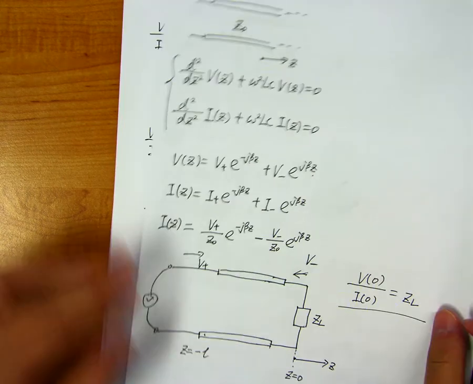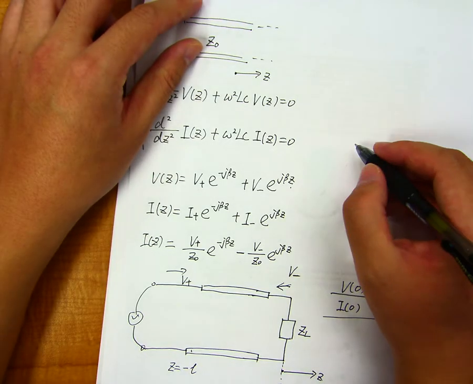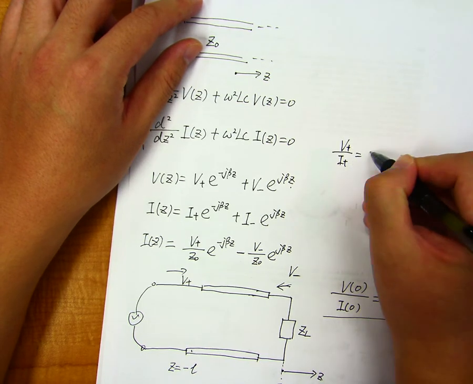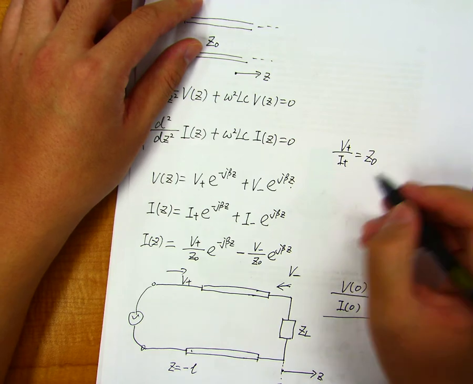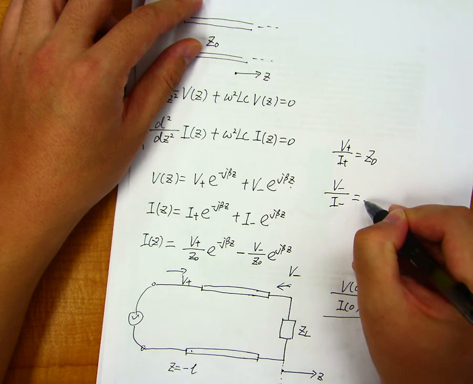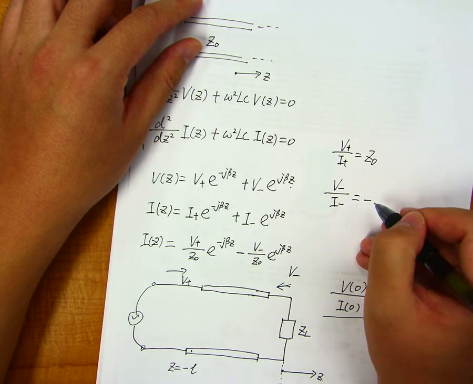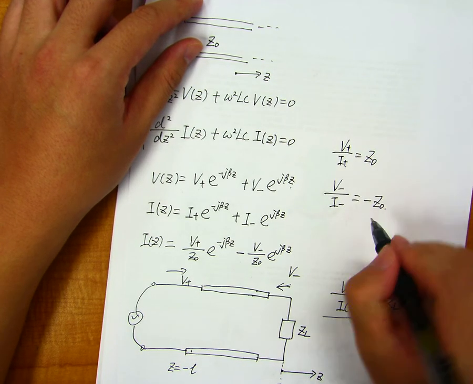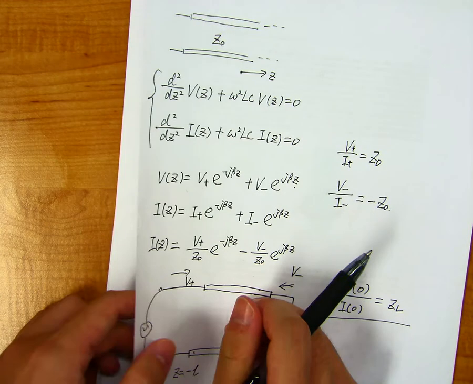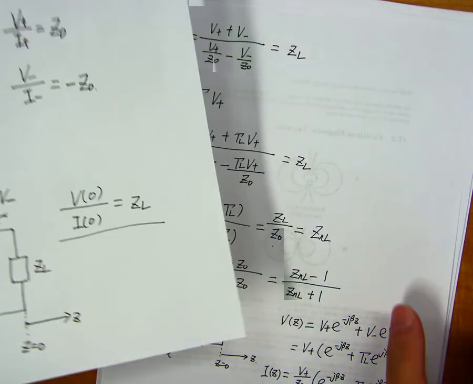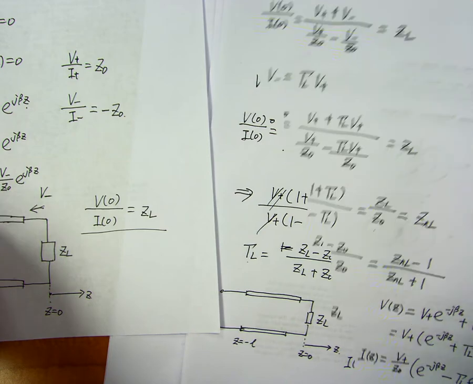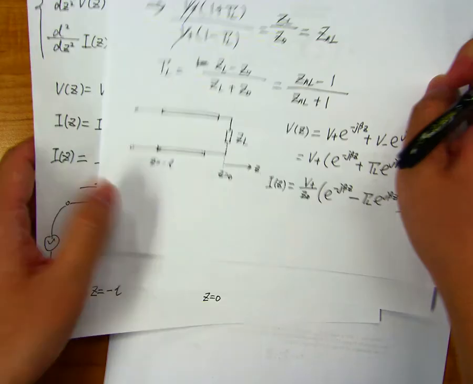Remember from last lecture, the right traveling wave gives us V plus over I plus is equal to Z naught, right? But for the left traveling wave, V minus over I minus is equal to negative Z naught. Okay? So that's where this minus sign comes from. Okay? Thank you. Okay, sure. Any other questions? Yeah. You just taught the last equation here? Yes. Okay.